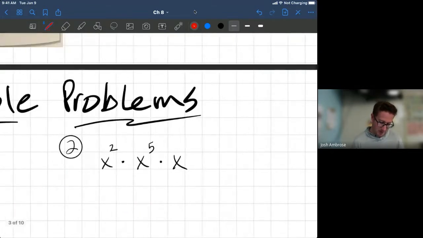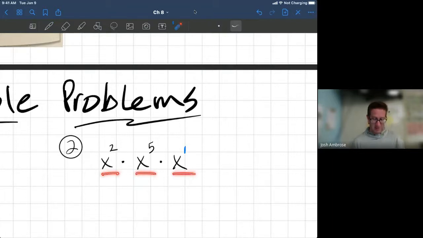Second example problem. Again, what do you notice? There is a base, and it looks like we're missing an exponent. What is that exponent? It's going to be a 1. There's always an exponent there. So now you should see, same base. All three of these guys are x's. Same base. Doesn't matter if it's a variable or a number.